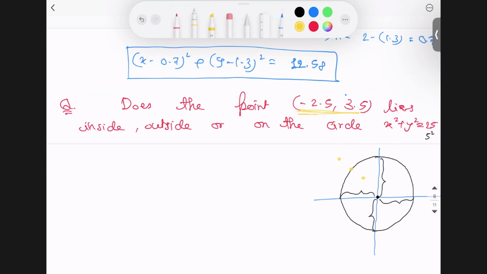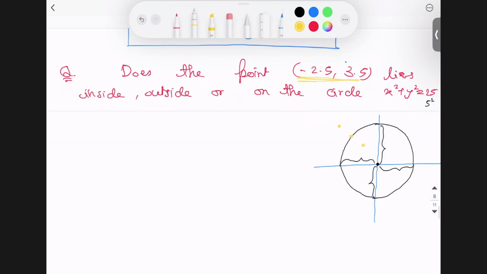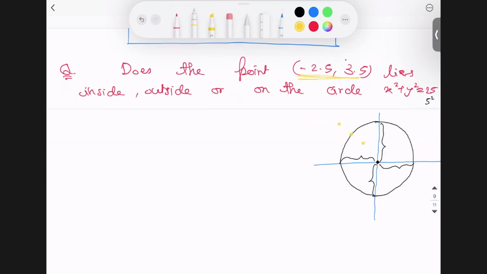So that is the idea. So how can I do it? The distance from the center origin will be the square root of (0 minus minus 2.5) whole square plus (0 minus 3.5) whole square.